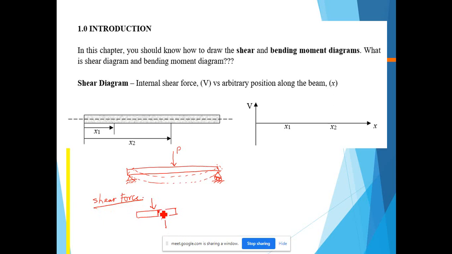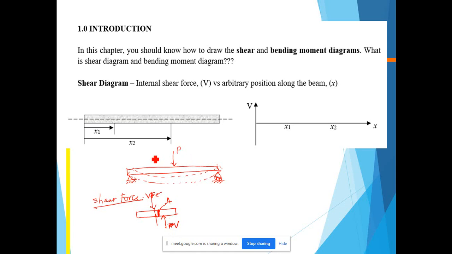So this is the cross section of the member A, and we apply the force F, for example, which is parallel to the cross section area. This is what we call a shear force, F, or I use the symbol V. We call this force a shear force because the direction of the force is parallel to the cross section.